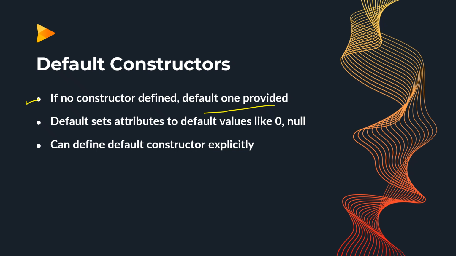So if we don't make any special method or constructor, then automatically when we create objects of that class, the default constructor will be called. The default sets attributes to default values like 0 or null, and we can also define a default constructor explicitly, as we have seen in our previous slides.